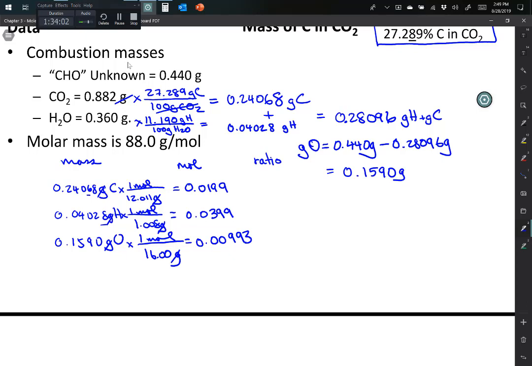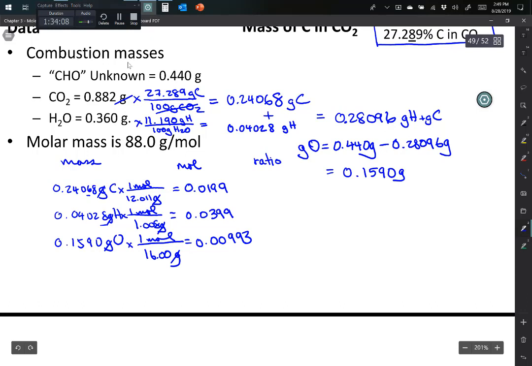I think I gave my other calculator to my son. So the ratio is 2, right? And this one is 2.00, and this will be 1. Is that what you got?